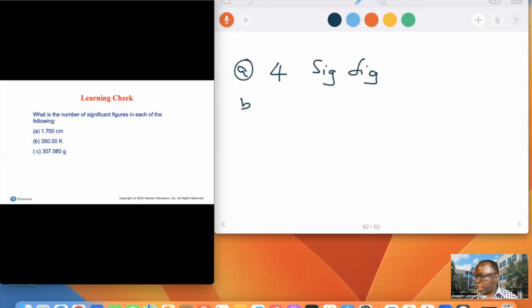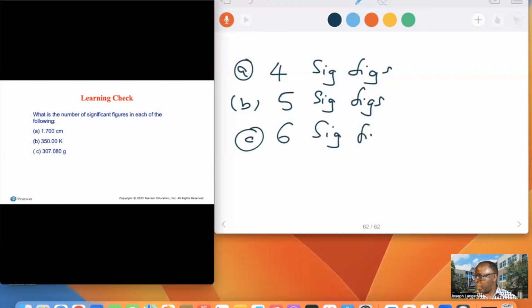B, the number of significant figures: 1, 2, 3, 4, 5. This has 5 significant figures or digits. And lastly, 1, 2, 3, 4, 5, 6. This has 6 significant figures.